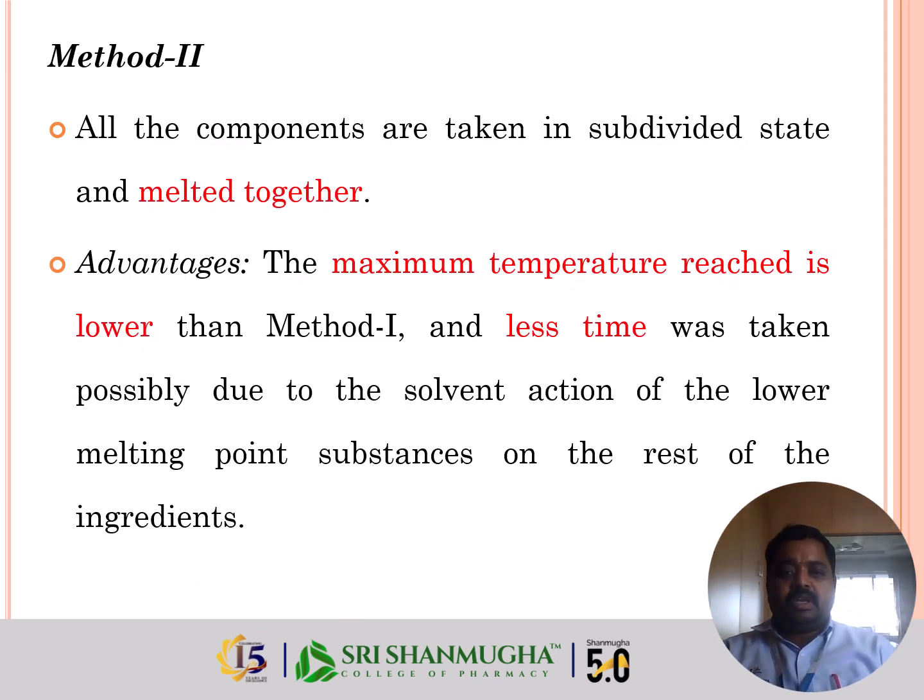Method 2: all the components are taken in a subdivided state and melted together. Advantages: the maximum temperature reached is lower than method 1, and less time is taken, possibly due to the solvent action of the lower melting point substance on the rest of the ingredients.